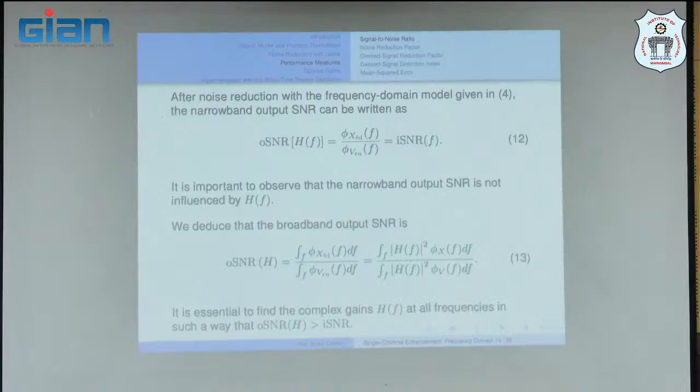And you can think about it like this. Let's think about, just for simplicity, that the variance of V is constant for all frequencies. Okay, suppose that it's constant for all frequencies, which means that the noise is white, right?